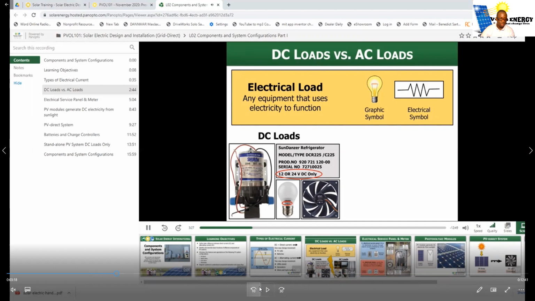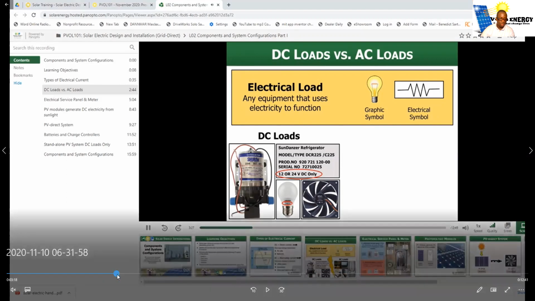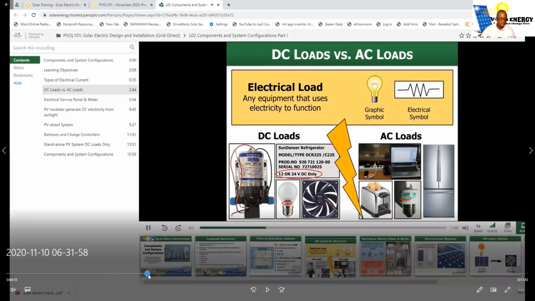So here is a refrigerator model that's showing 12 or 24 volt DC only. This label shows 12 volt and 24 volt, but only DC, so it does not take AC. That's what they're showing right there. There are other DC components, DC equipment.